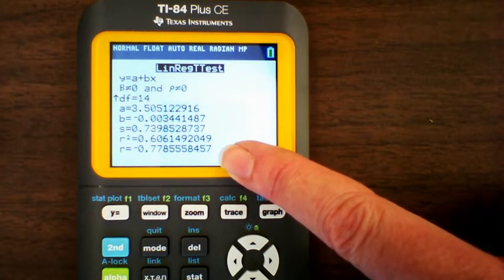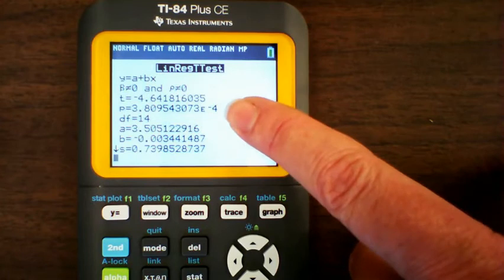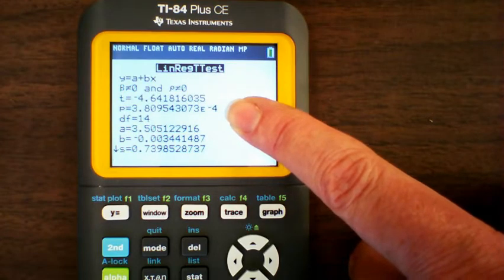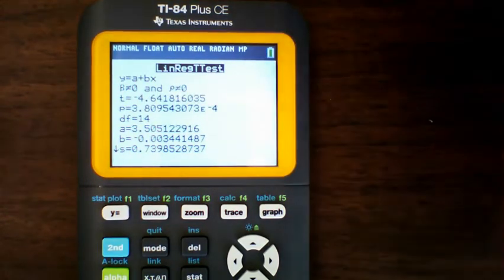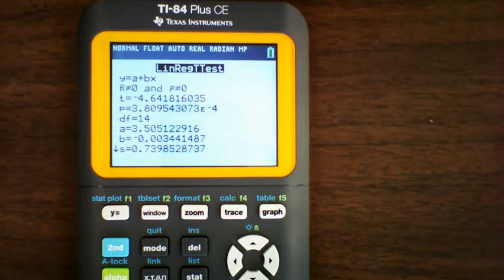So that looks like I have evidence, see, that's very much less than 0.05. So I have evidence that there is, in fact, some type of a linear relationship between NEA change and fat gain. Let's write this information down.